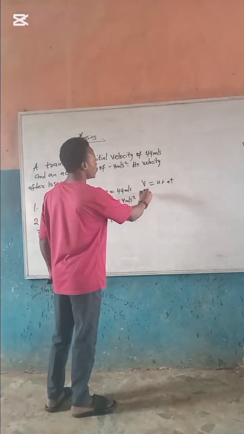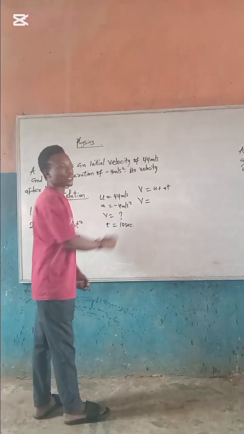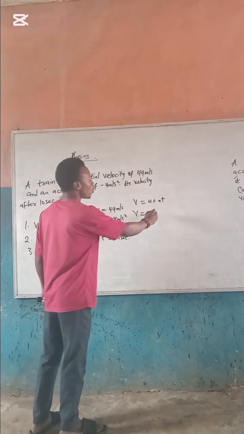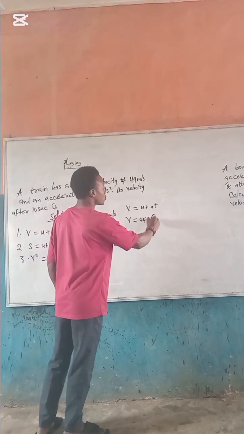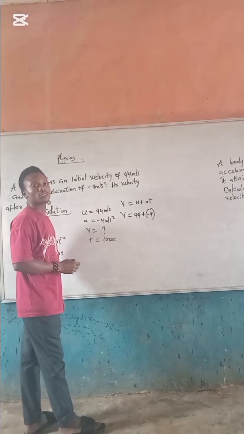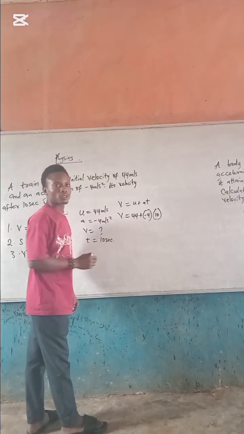You are looking for V, which is the final velocity, is equal to your initial velocity, given to be 44, plus your acceleration, which is minus 4, close the bracket, and your time is 10. Close the bracket.